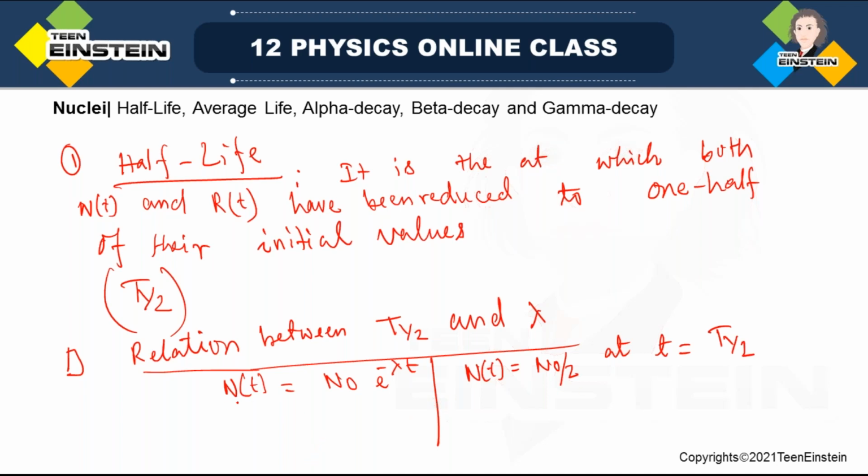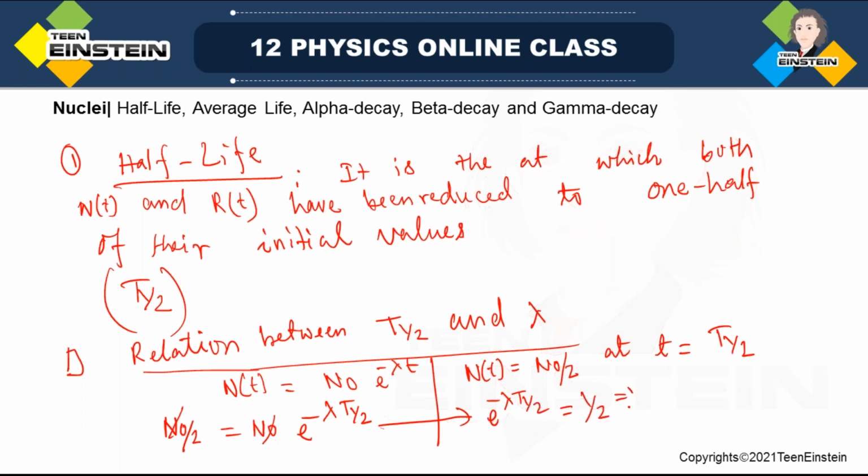So N0 by 2 equals N0 e to the power minus lambda t half. Simplifying, e to the power minus lambda t half is equal to half.